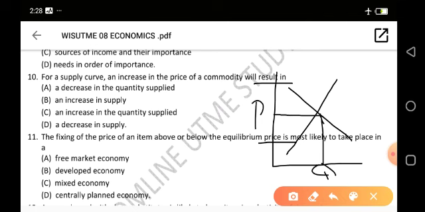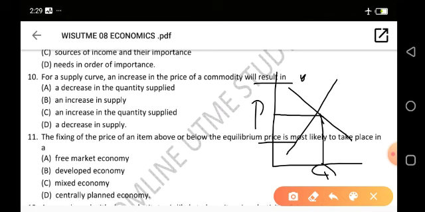So if government is fixing it below the equilibrium point, it is called the maximum price, or what we call the price ceiling. If they are fixing it above the equilibrium point, meaning here, it is called the price floor, or what we call the minimum price.